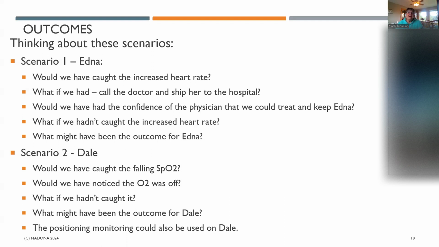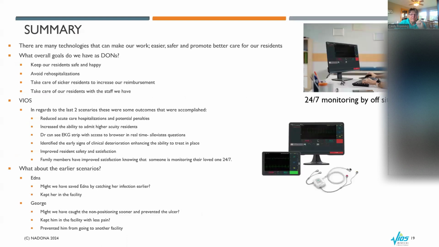And so again, it helps us keep on those every 2-hour repositionings, or the frequency that your facility has. It all plays together so well as far as trying to prevent those changes in condition.